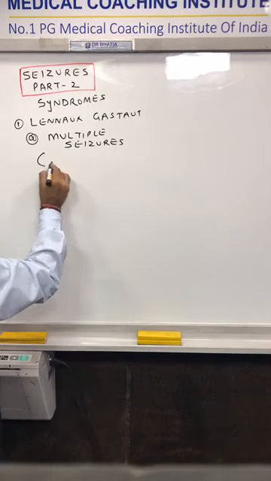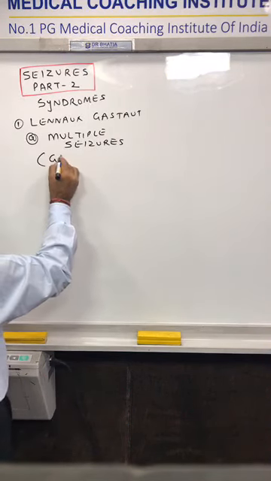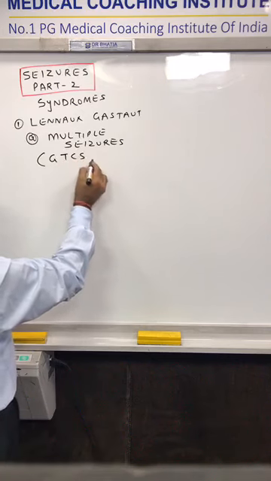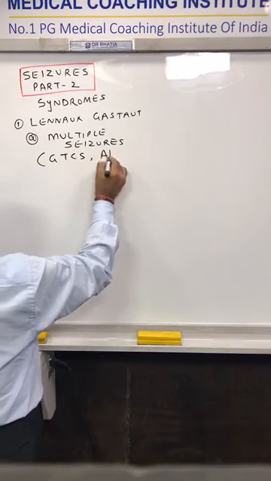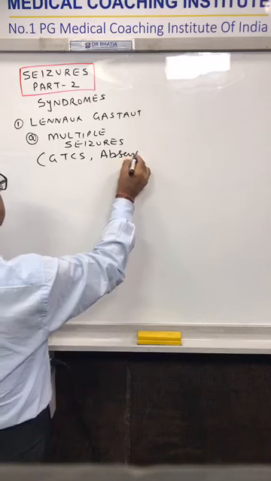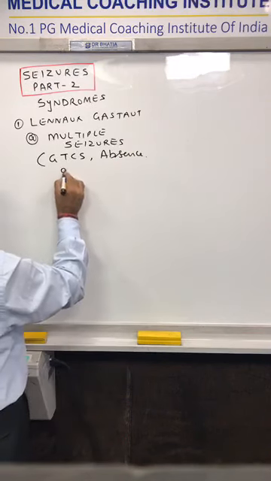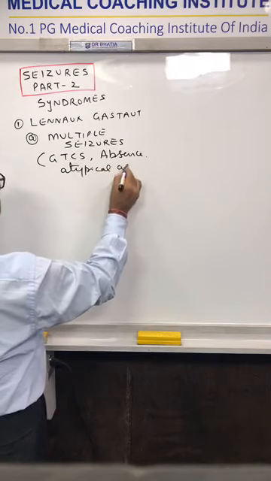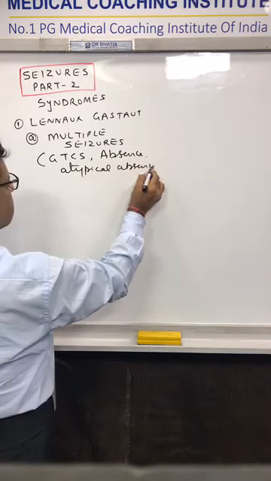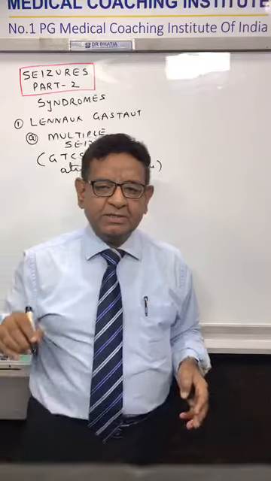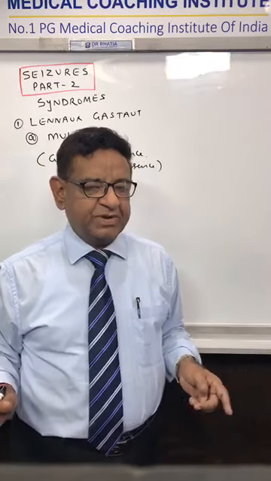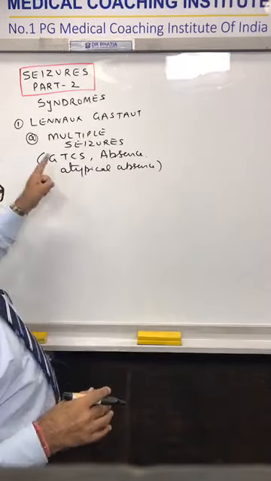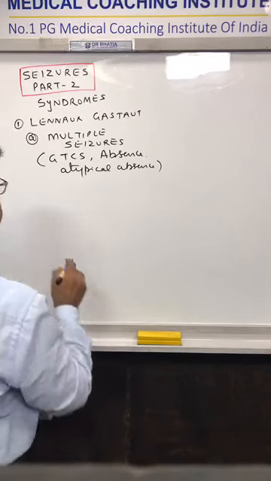That means the patient may have generalized tonic-clonic seizures, absence seizures, or atypical absence seizures. So one patient can manifest different types of seizures, so-called multiple seizure types.